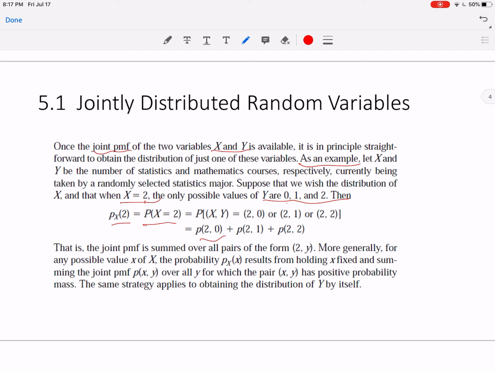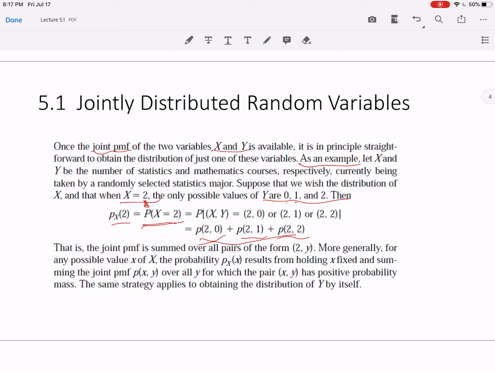When x is equal to 2, y could be 1 as well, so we need the probability of (2, 1). And when x is equal to 2, y could be 2 as well, so we need the probability of (2, 2). If we add those three probabilities together, we will have the probability x is equal to 2.